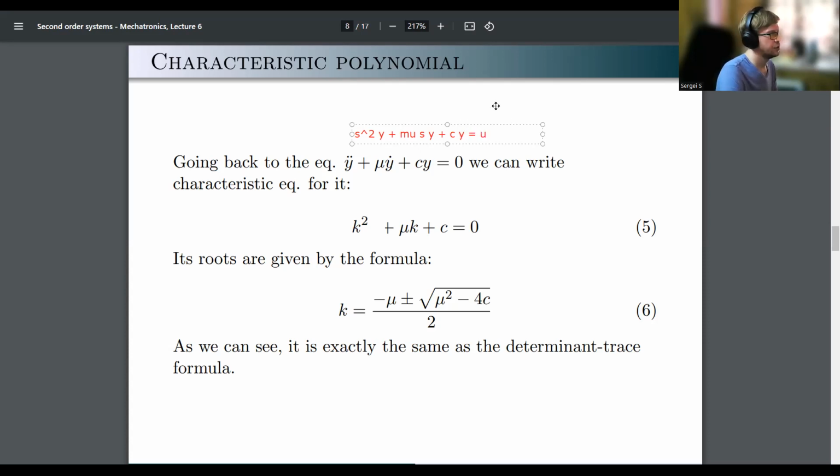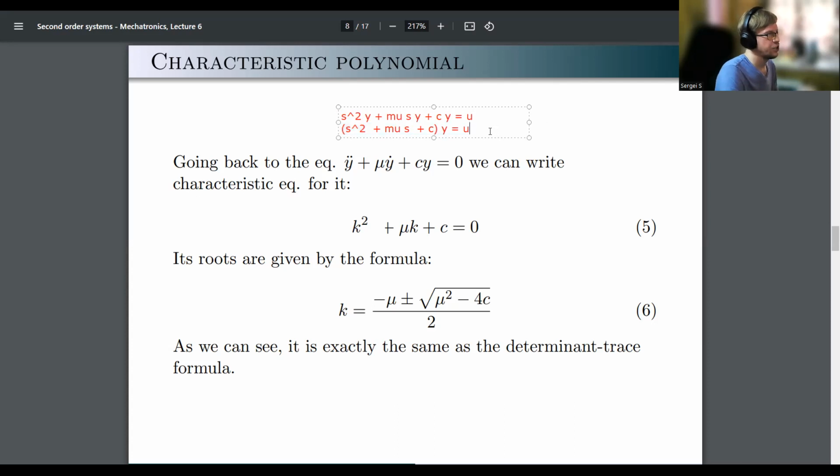This would be our equation in Laplace form. Then we would have taken y out of the brackets, in this fashion.